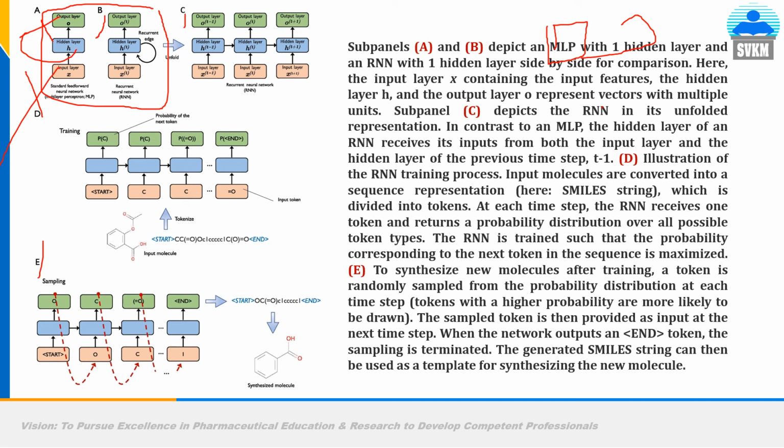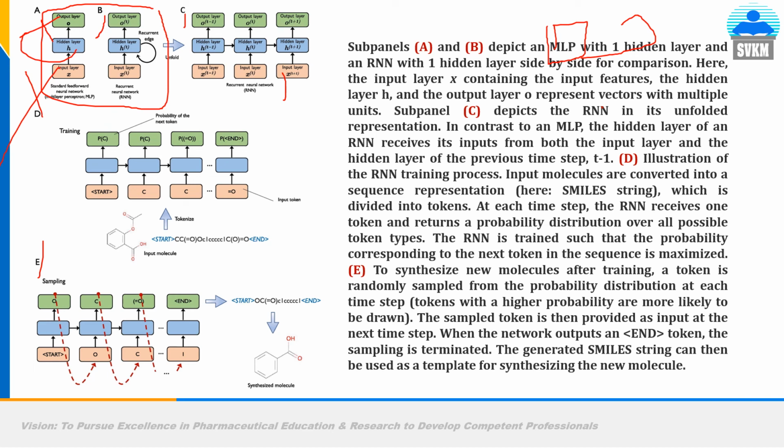Subpanel C depicts the RNN in its unfolded representation. In contrast to an MLP, the hidden layer of an RNN receives its input from both the input layer and the hidden layer of the previous time step, that is t minus 1, if the current is t.